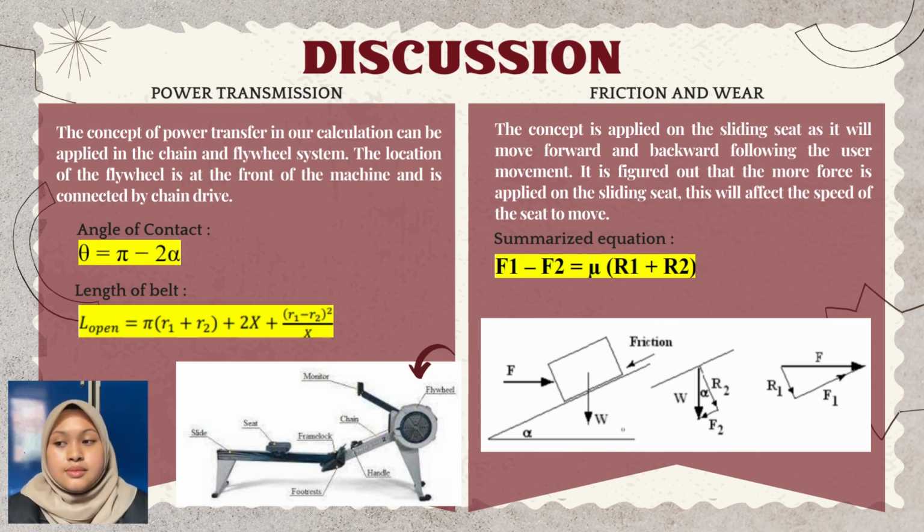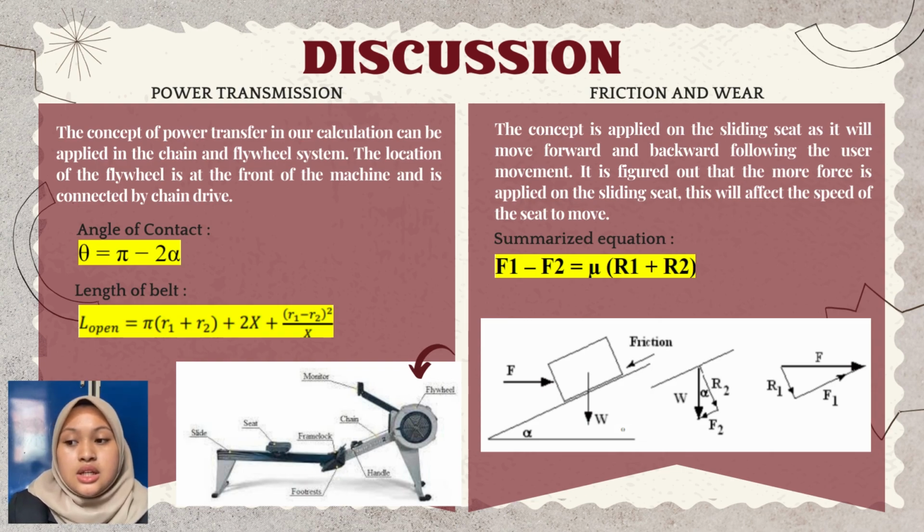For the next case study, which is friction and wear analysis on our ergo machine, this concept is applied on the sliding seat, as the seat will move backwards and forward following the user's movement. It is figured out that the more force is applied on the sliding seat, this will affect the speed of the seat's movement. For this, we have to compute the force required to make it slide up the plane, and an assumption is made that the user weight is 62 kg and the W value is 608.22 Newton.